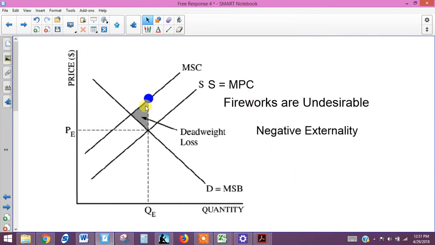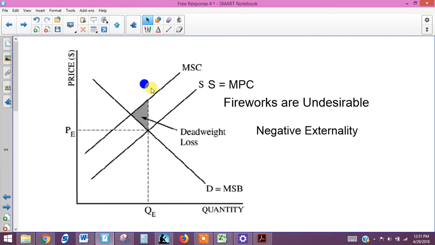Then we're going to have a social cost higher than the private cost at the same quantity. So we draw a second upward sloping supply curve that is up and to the left of the original.